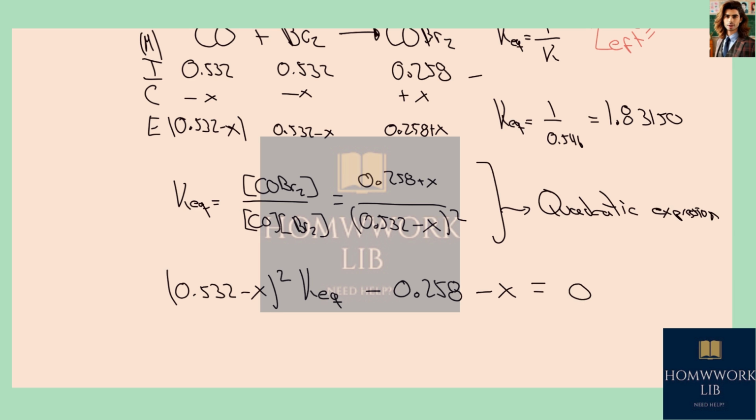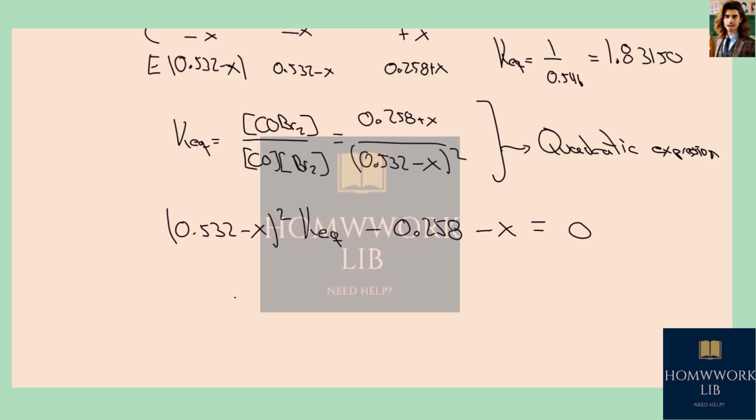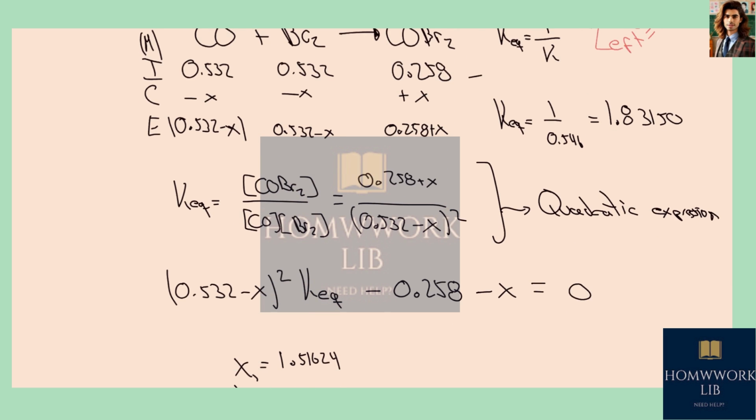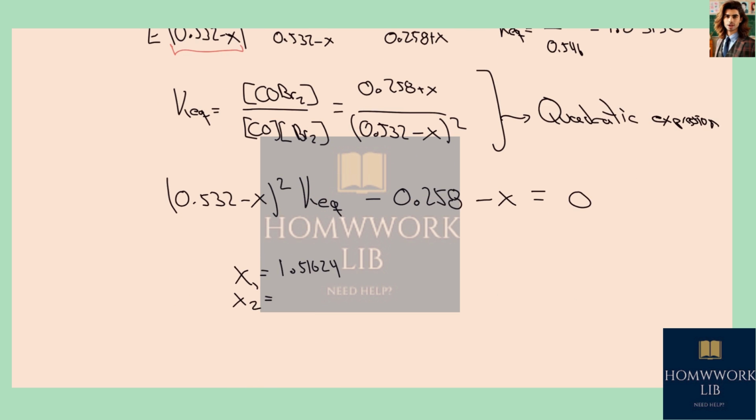And solving this quadratic, we're going to find that the values for X, X1 and X2, are going to be 1.51624, which we can already discard because that would generate a negative value at the equilibrium over here. So this is going to be an unphysical solution.